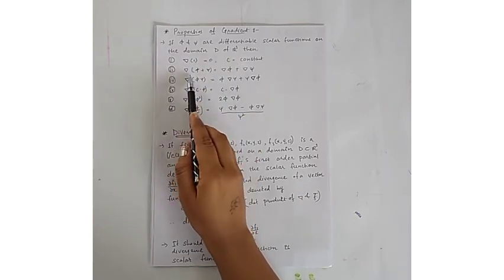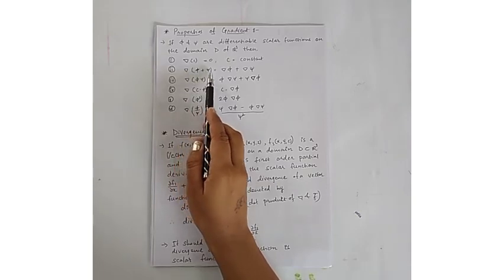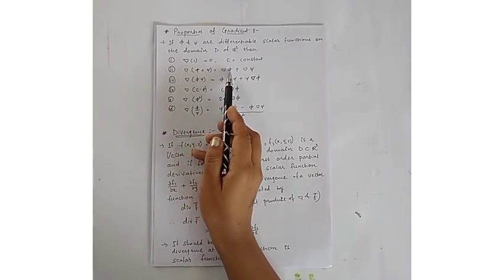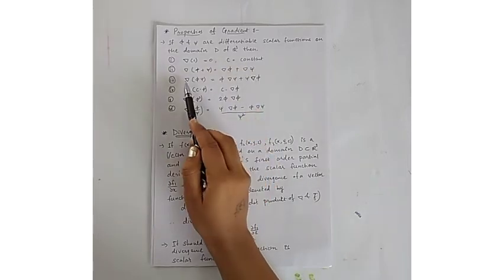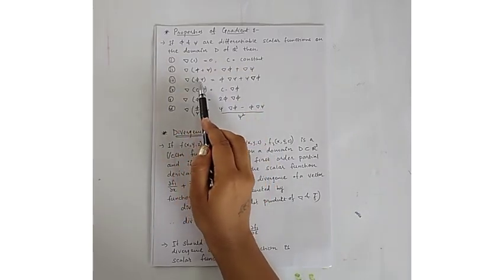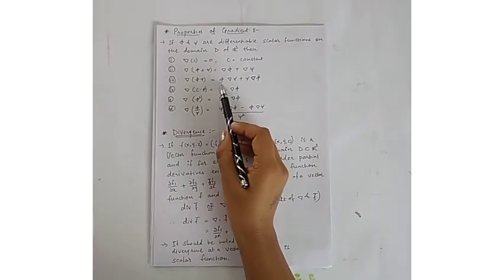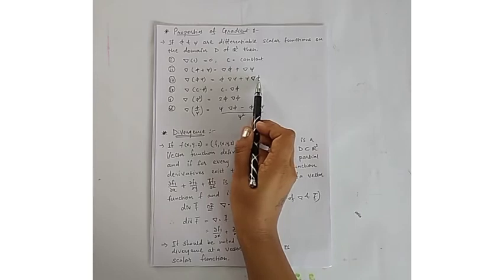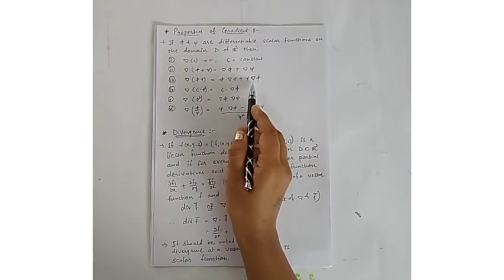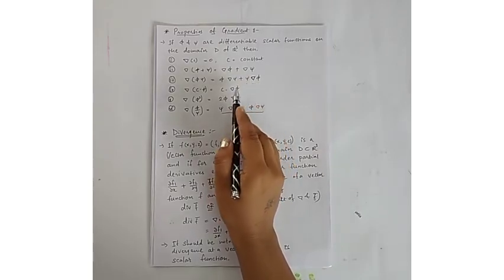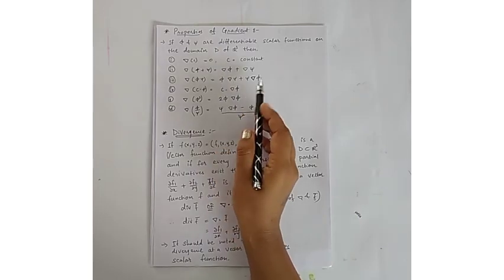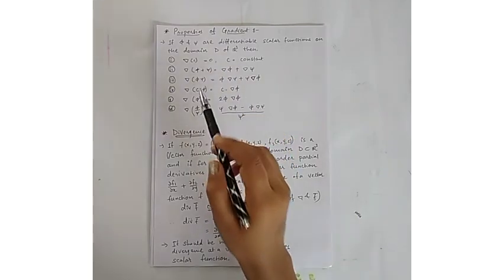The next property is gradient of phi plus psi will give gradient of phi plus gradient of psi. The third property is gradient of phi into psi is equal to phi into gradient of psi plus psi into gradient of phi. It's just like a differential operator applied on two functions.